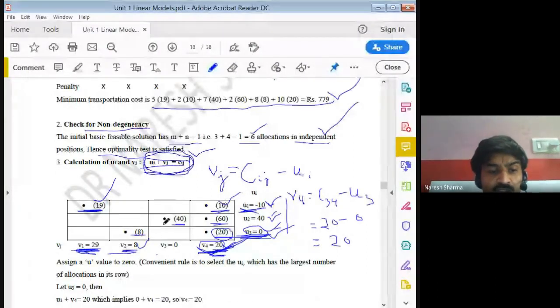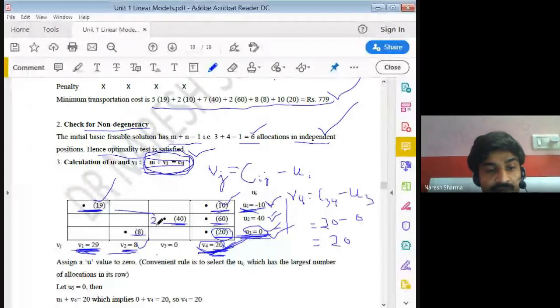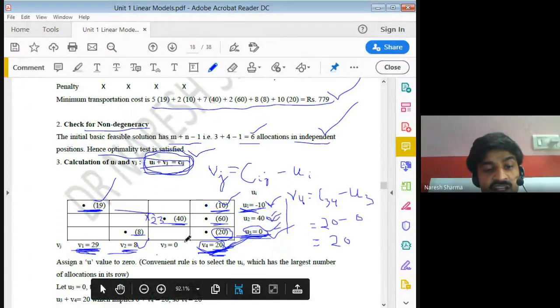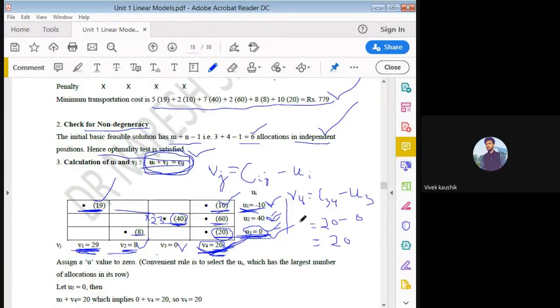If you go for the location now, what is this location? This location is second row and third column. So the second row u plus the third column v, addition should be 40, right? The student asks whether we could have taken 0 for U2 instead.